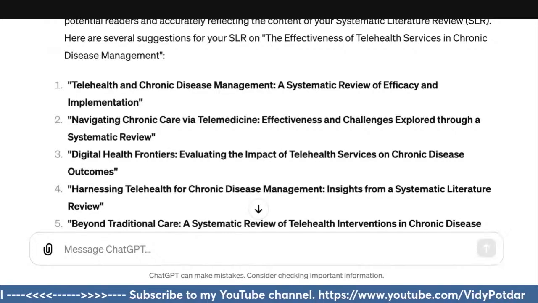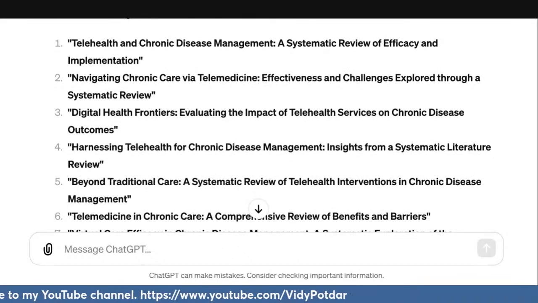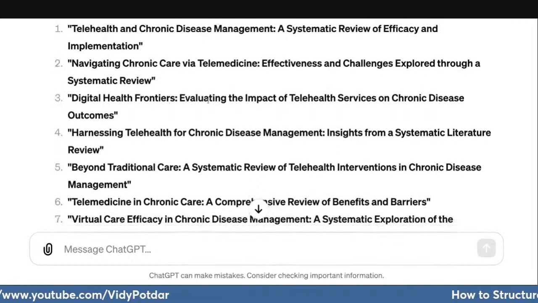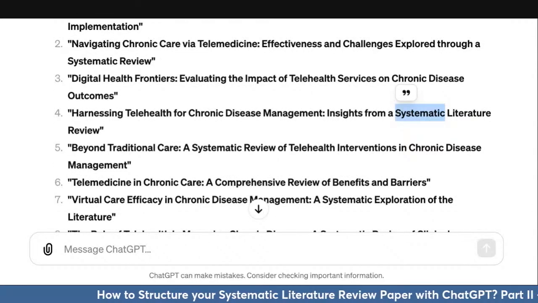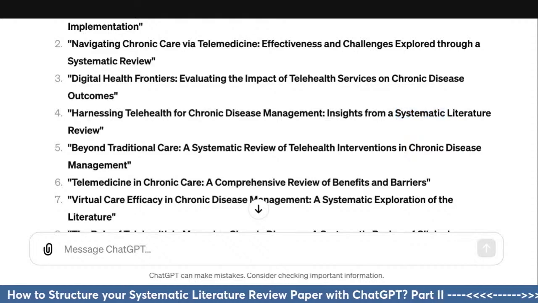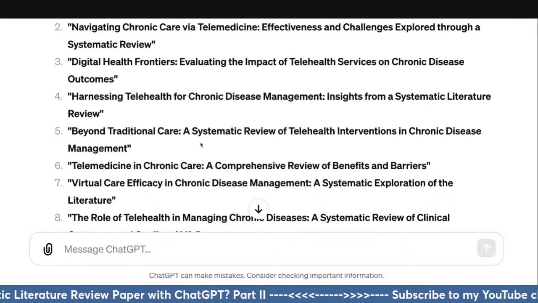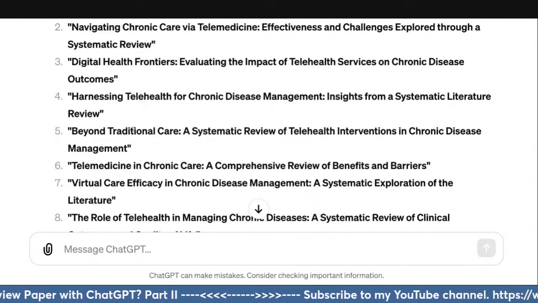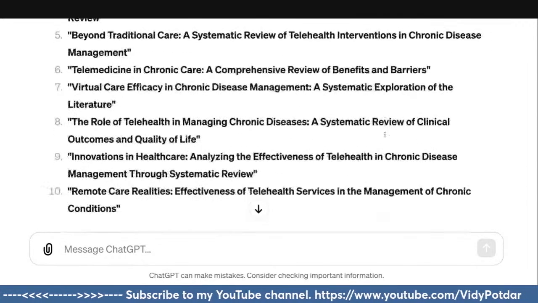Telehealth and chronic disease management, a systematic review. Navigating chronic care, digital health frontiers, evaluating the impact of telehealth. I prefer those that have the words systematic literature review in the title, because that is one thing you need to have to state that it is a SLR. Beyond traditional care, a systematic review of telehealth.